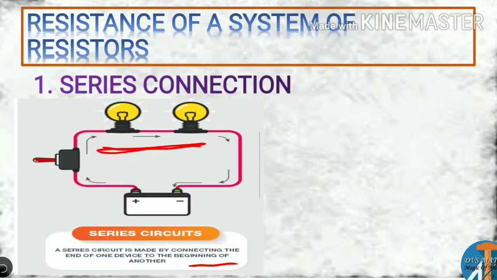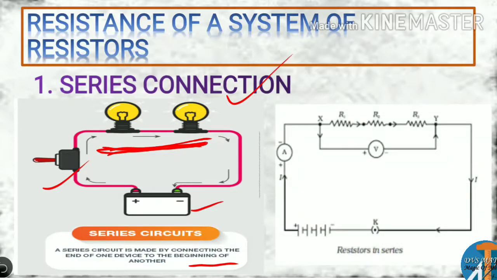Clear? In series connection, here we have a battery, plug key, and resistances, which can also be considered as bulbs. If each device is connected one after the other, beginning to end, we call it a series connection. If you go for the circuit diagram in your textbook, it is like this.